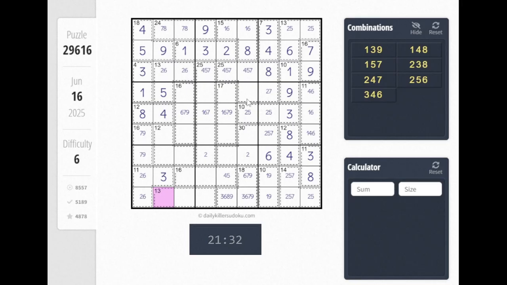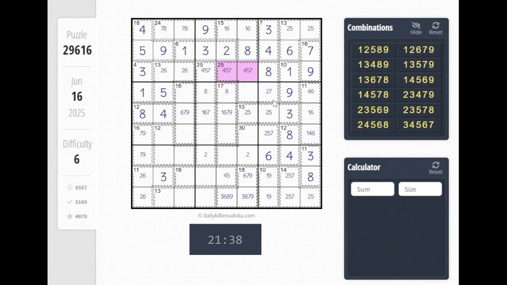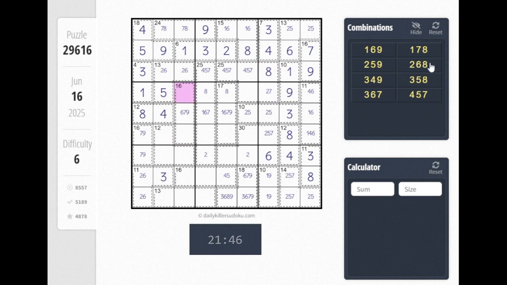Nothing. Really? Nothing? I know that's gotta be 8. The annoying part is that these are just huge, so it's kind of hard to justify. This probably can be solved at this point.